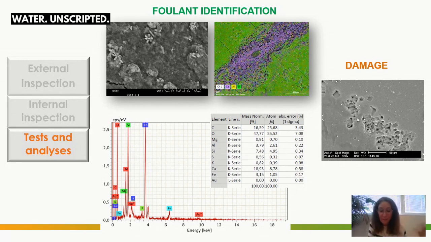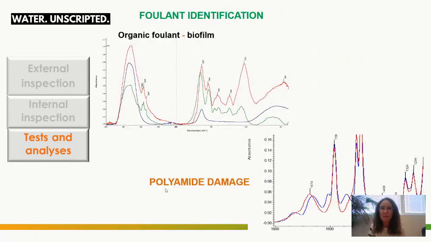By this scanning electron microscopy, we can identify the foulant components and see how they are distributed, but it's an elementary analytical technique, so we need to use additional analysis to really verify how the elements that we detect here are related, which will be, for example, this infrared spectroscopy, whose spectra I'm showing here, that gives information about functional groups, and some databases can be used to really identify the composition of the foulant components.